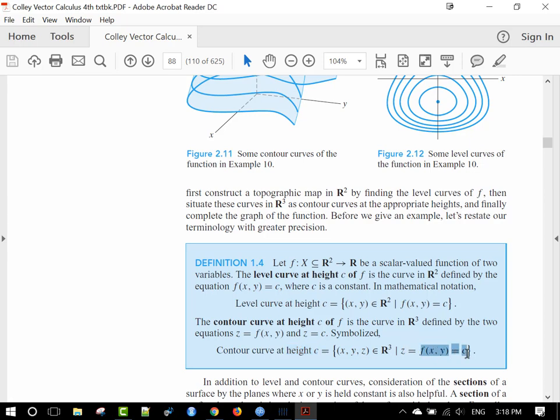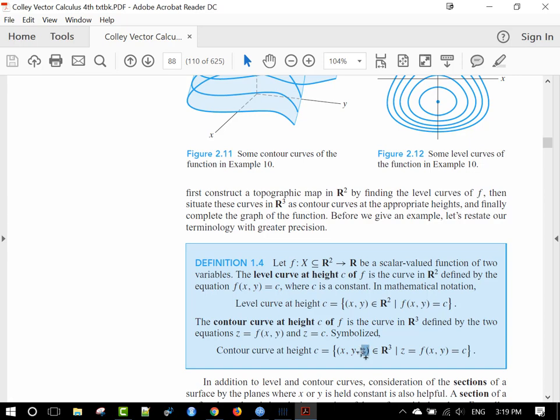This equation is basically in R2, but these points are in R3. So that's where they say z equals c, so you put that c here, and then you find the set of points which satisfy this. That gives you a whole bunch of points, all with the z-coordinate c. And that's the contour curve.